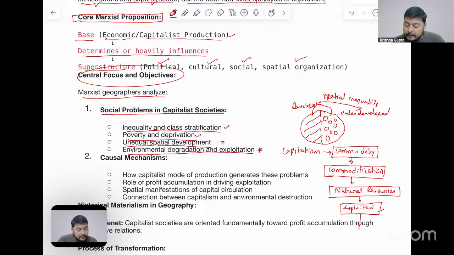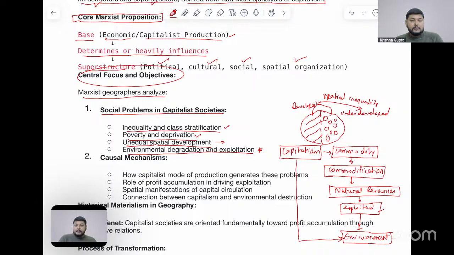Exploitation of what? It is exploitation of the environment. So this is something which is not directly, but indirectly interconnected with capitalism. So the exploitation of environment is directly attached with capitalism here, indirectly attached with capitalism here.